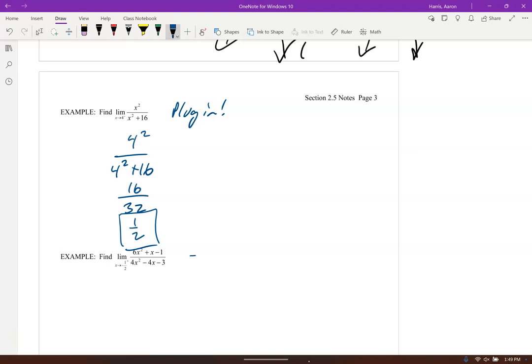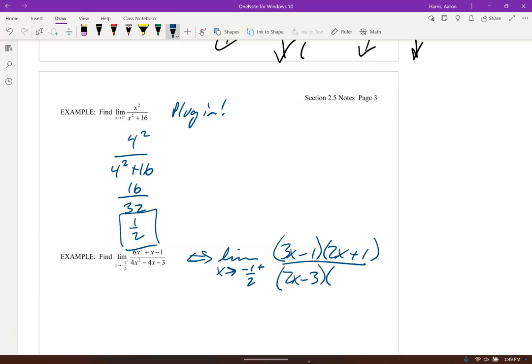This one, I'd probably factor first instead of just plugging it in right away. We're approaching negative 1/2 from the right. So I factor that 6x squared plus x minus 1: that'd be 3x minus 1 times 2x plus 1. And see how if we plugged in negative 1/2, it's going to give us a problem there. We're going to be dividing by 0. And why is that? Well, see how these cancel?